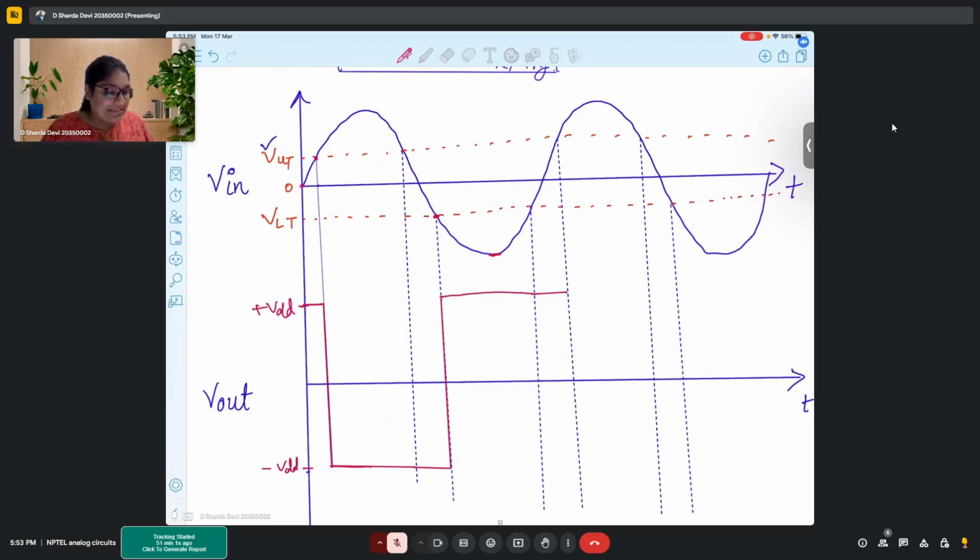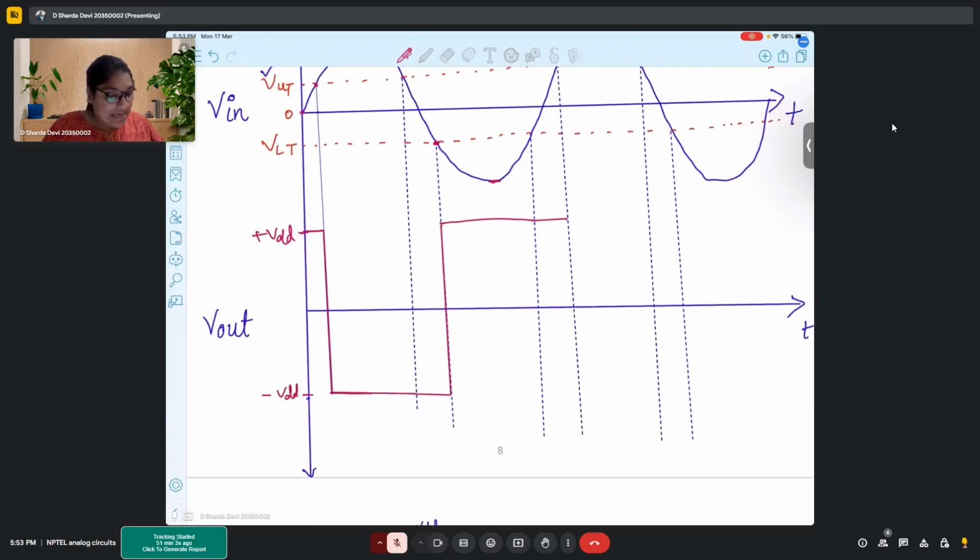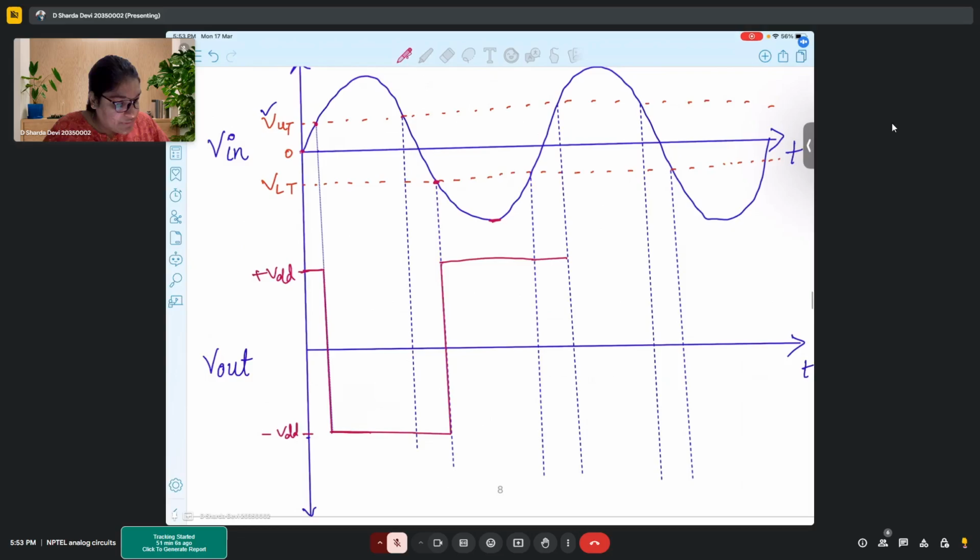Then again the same cycle will repeat, and as you have reached beyond VUT, your output will go down to minus VDD. This will continue until you reach your VLT, and then it will again move up, and then the same cycle repeats.